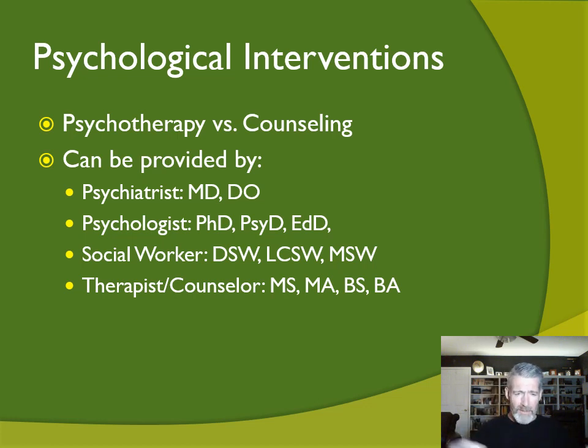So that's the breakdown. And again, same kind of thing applies. While the doctoral level psychologist has more training, the path there is academically more rigorous. It's more difficult to get into a program to become a psychologist than it is to get into a program to become a social worker or a master's level therapist.